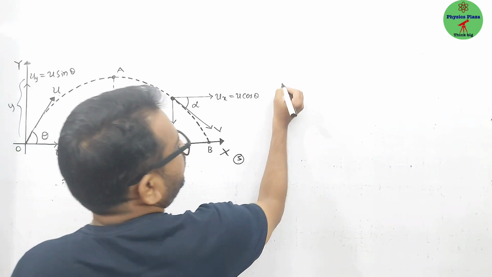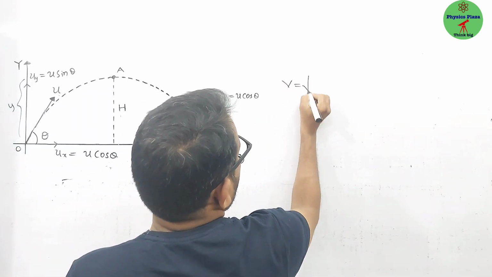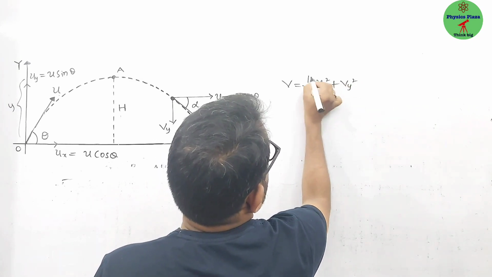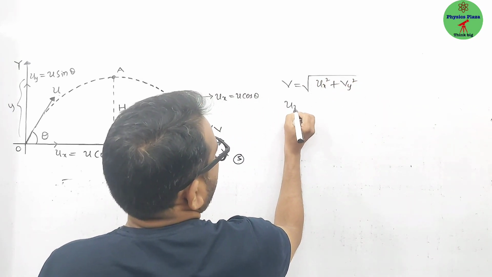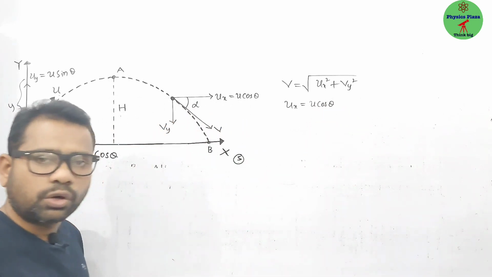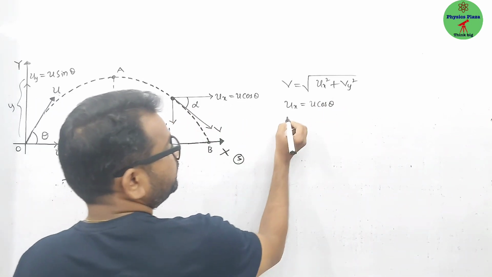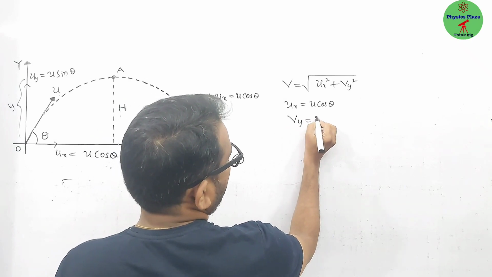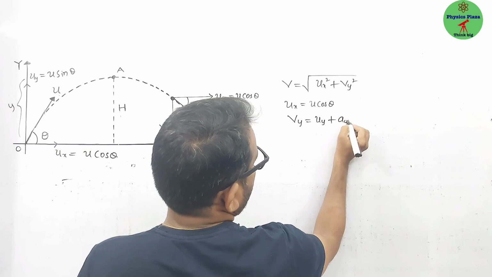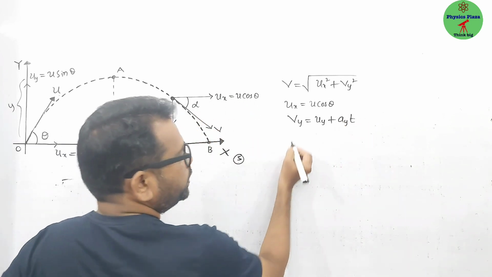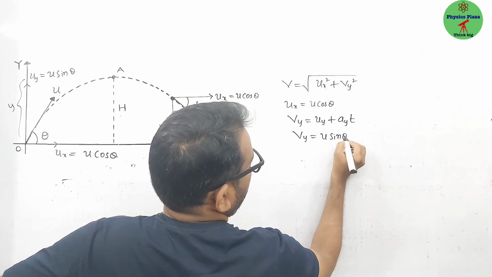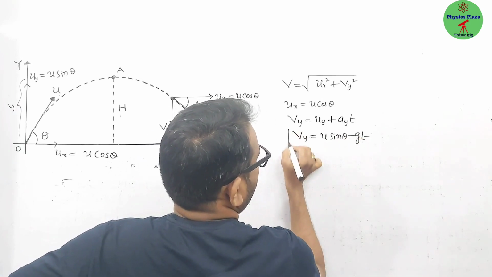The resultant velocity can be calculated from ux square plus vy square. We know that ux is equal to u cos theta, but vy is equal to what? vy is equal to uy plus ay t, so vy is equal to u sin theta minus gt.